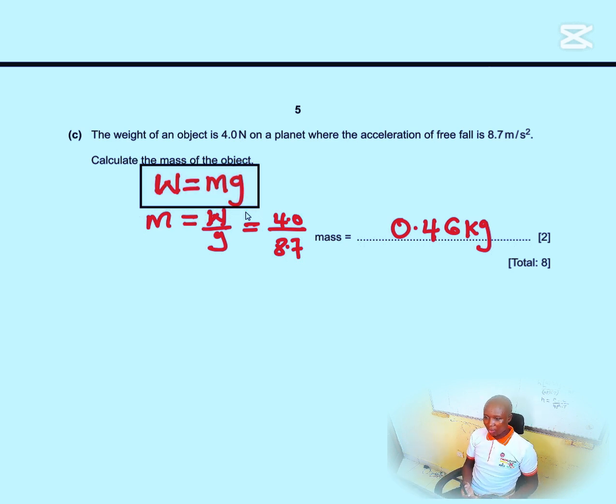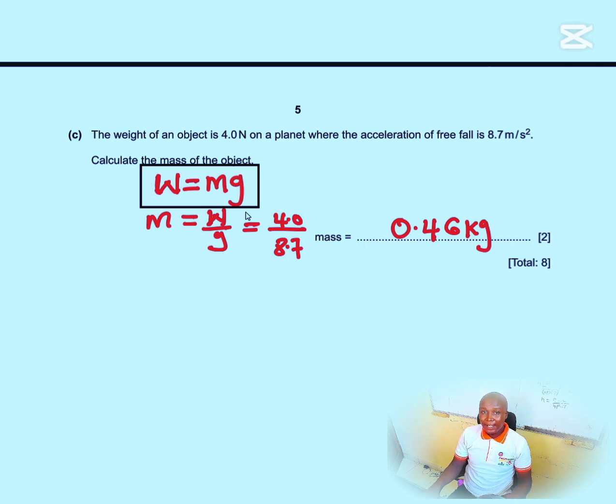So here, if we are told that the object has a weight of 4.0 newtons, and the acceleration due to gravity of that particular planet is 8.7, then mass is equal to weight divided by gravity, and that is going to give us 4.0 divided by 8.7, giving us 0.46. Weight is considered a vector quantity because it has both size and direction.